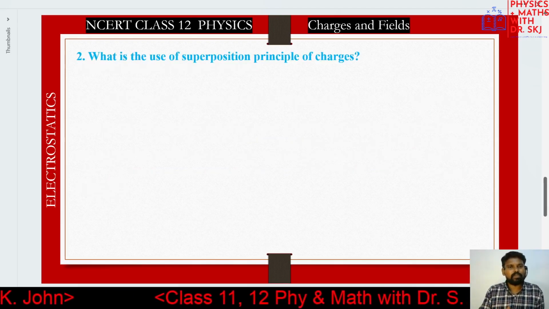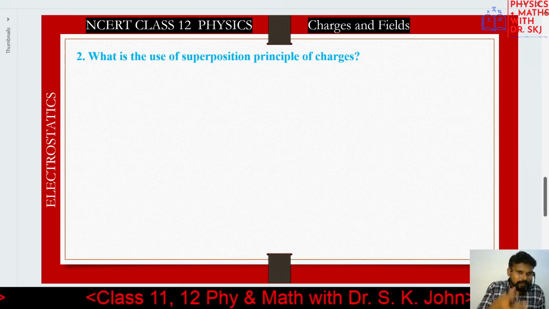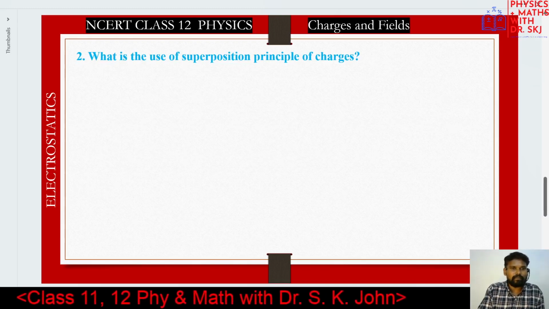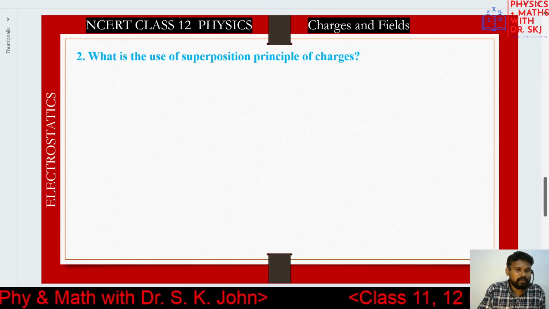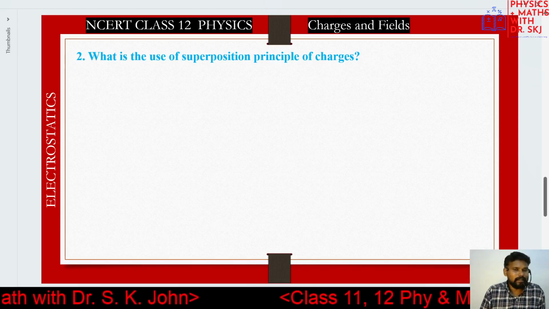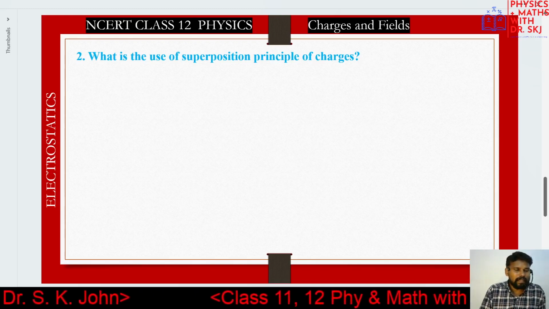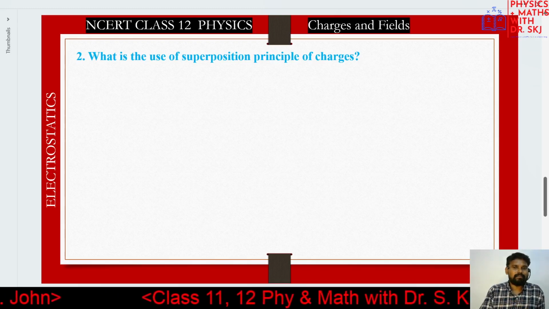Now, what is the use of the superposition principle? Isn't Coulomb's law enough? As I told you, the superposition principle comes into play when we have more than two charges.